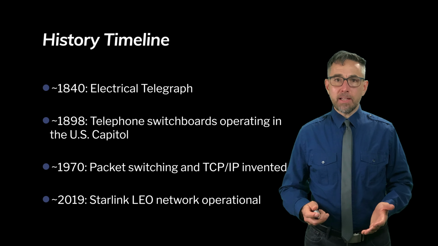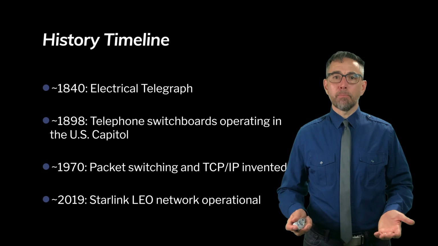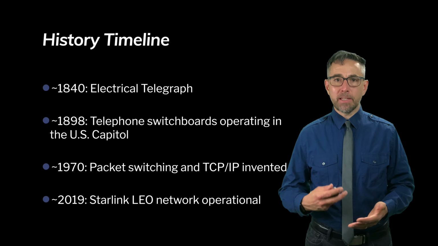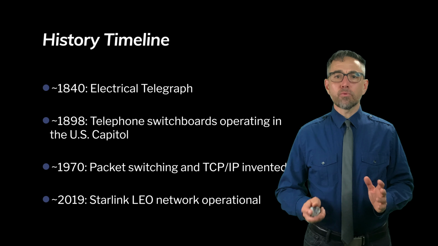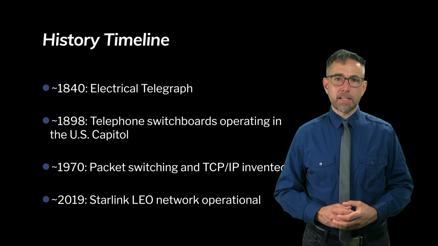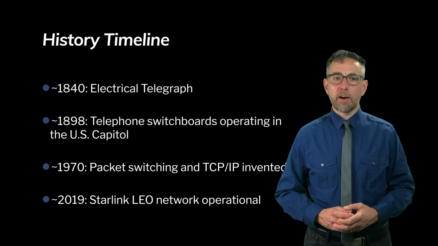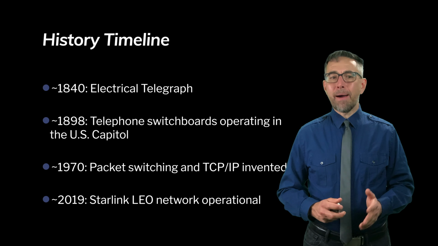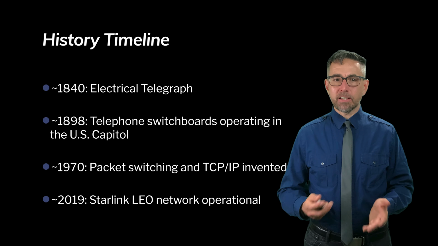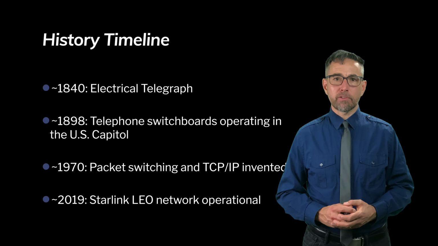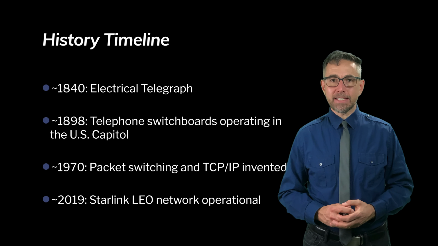Just a rough history, a little bit of a timeline so you can put these different developments in order in your head. It's roughly around the 1840 timeframe that electrical telegraphs took off in the United States. About 1898 was the advent of widespread telephone switchboards, for example, the one that was installed in the US Capitol building.